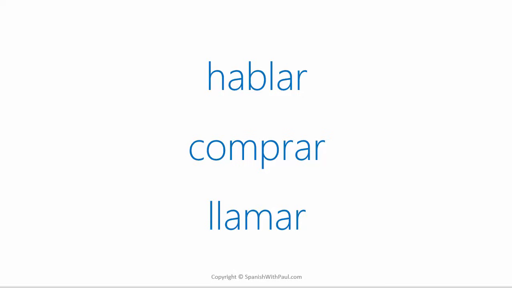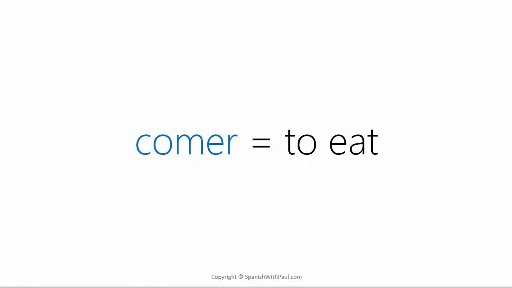However, not all verbs in Spanish end in AR. For example, we have the verb comer, to eat. Now, for any verb that does not end in AR, the sound of the ing tense is different. Instead of ando, the sound goes to yendo.